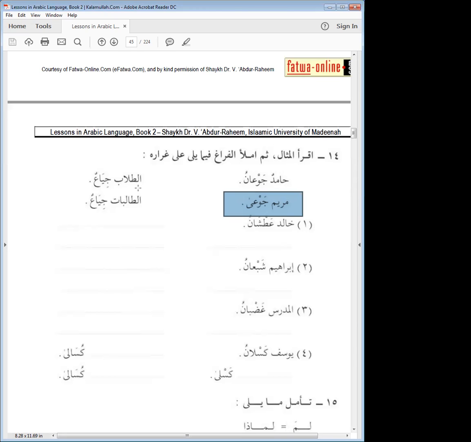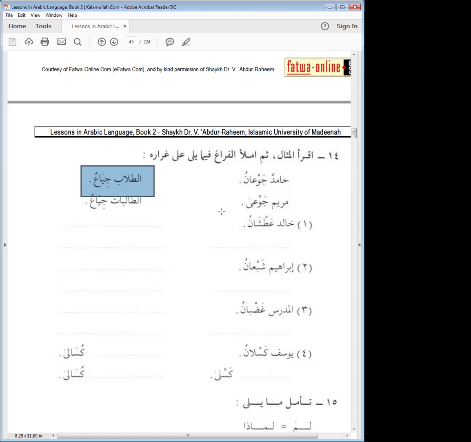However, when you go to the plural, there's no difference in masculine and feminine when you look at the plural form of the adjective. Just as we have with some of the other adjectives we saw before, once you go plural, it's the same. So look at this here. At-tullabu jiya'un. It means the male students are hungry, plural.